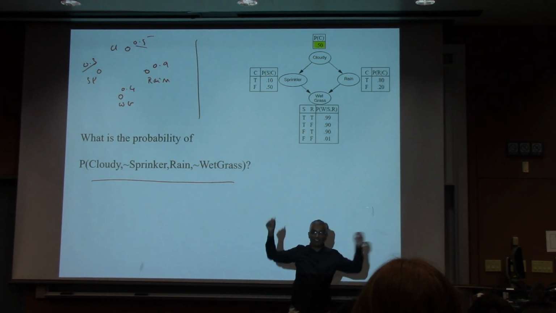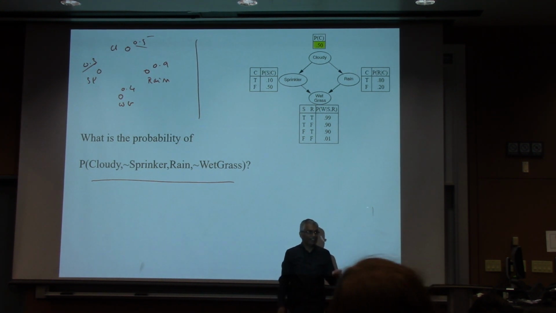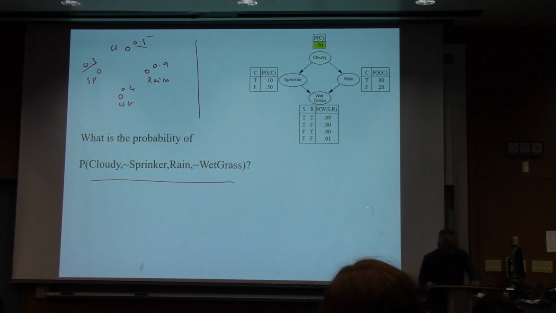So if I were doing this as the network, and again, please understand that network doesn't mean it must have edges. It can be a completely disconnected network. So what would this number be?